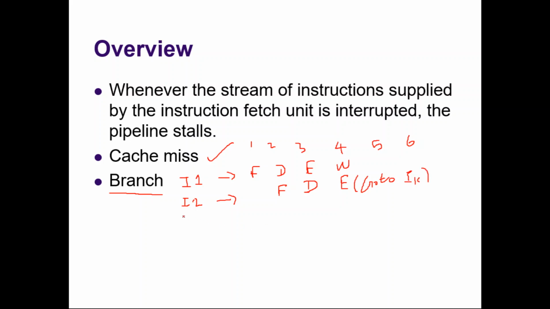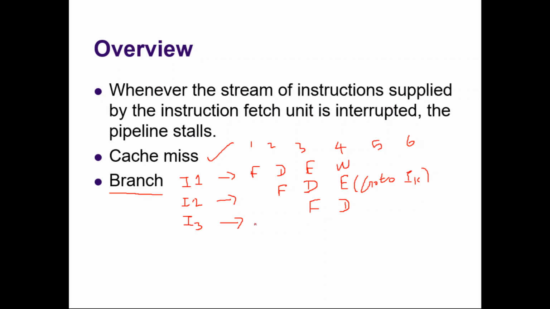But meanwhile, instruction 3 will start fetching and decoding. Instruction 3 will be fetched during the third clock cycle and decoded during the fourth clock cycle. At the end of the fourth clock cycle only, the processor comes to know that instruction 2 is a branch instruction and it is asking to transfer the control to instruction K.